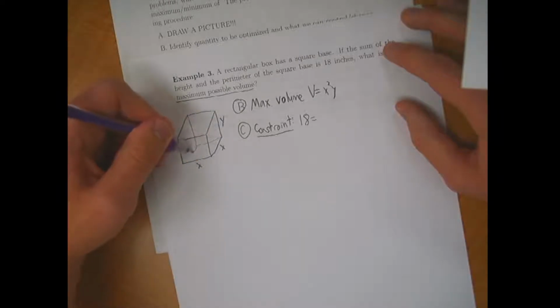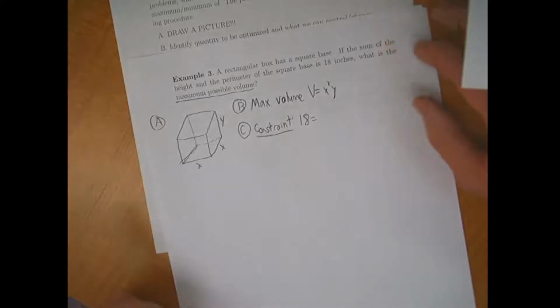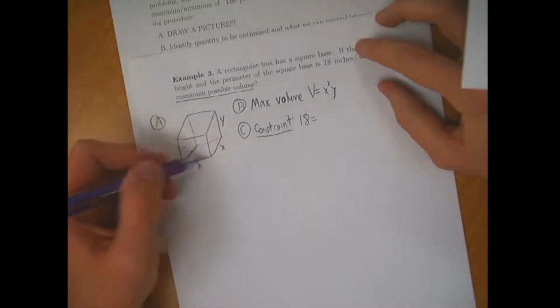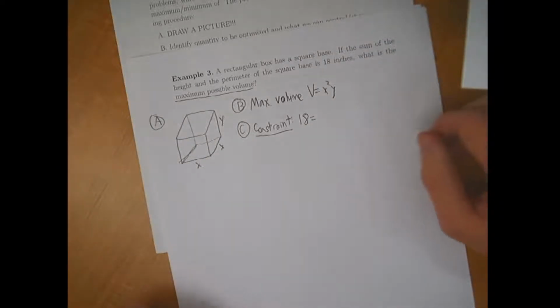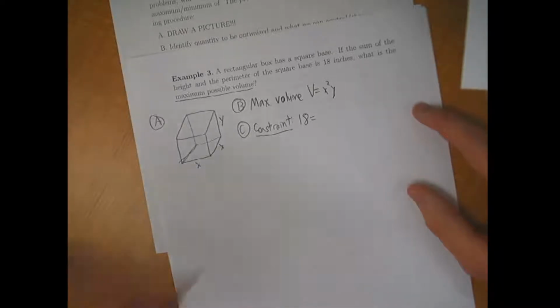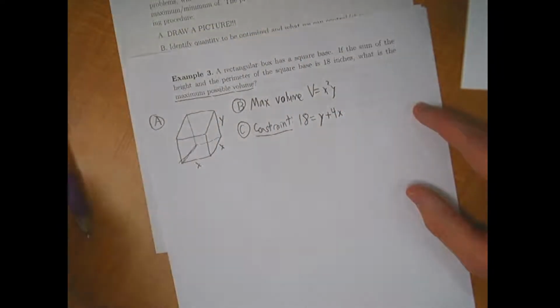That means the sum of the height of the box and the perimeter of the square base equals 18 inches. Taking this into account, what should that tell you about what 18 can be expressed as in terms of x and y? y plus 4x. Because remember, y is the height, and the perimeter of the square base is just 4x.